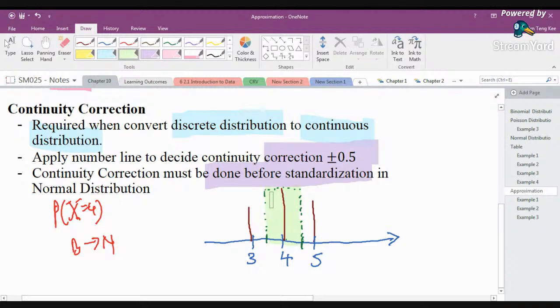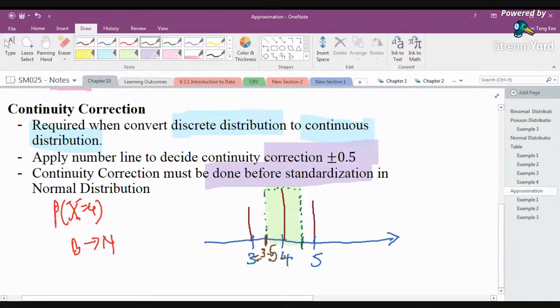And in order to make this bar systematic and consistent for each of the x values that we have, what we're going to do is make the gap between the two consecutive values here, we make this point the midpoint of the two consecutive values. So between 3 and 4, here will be 3.5.